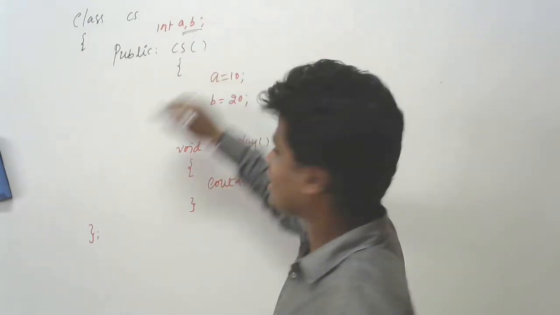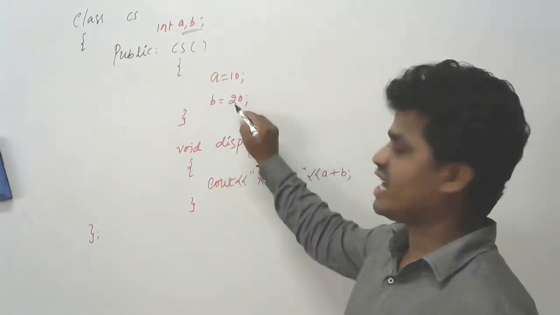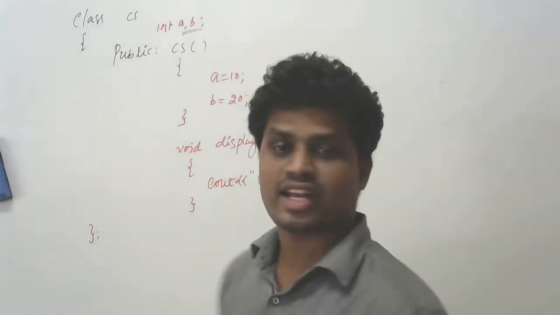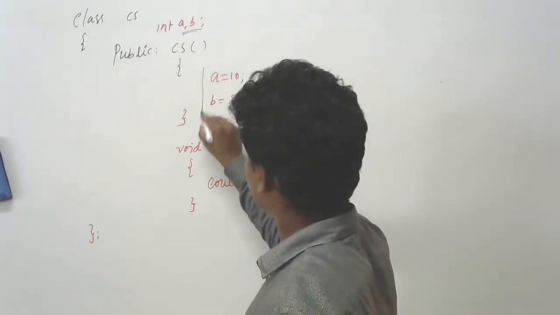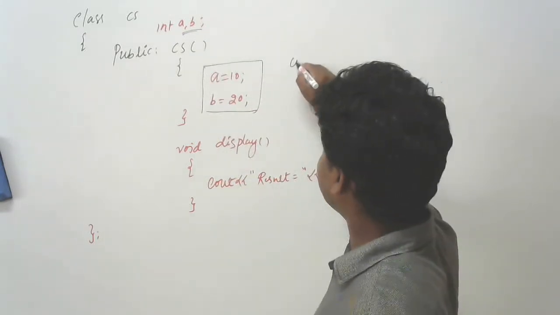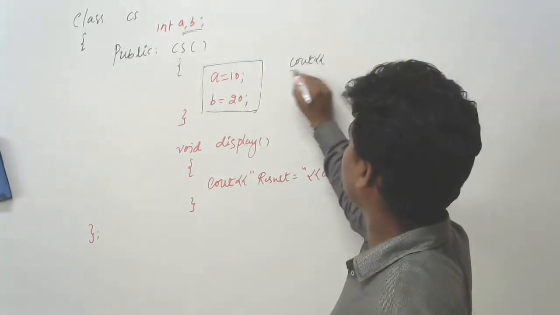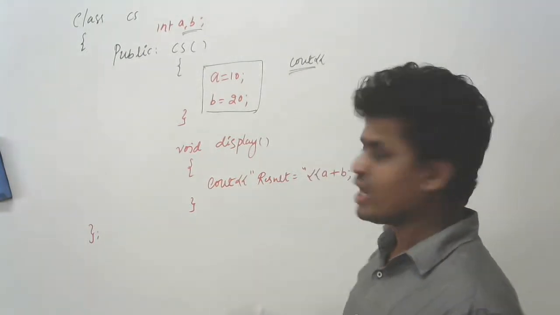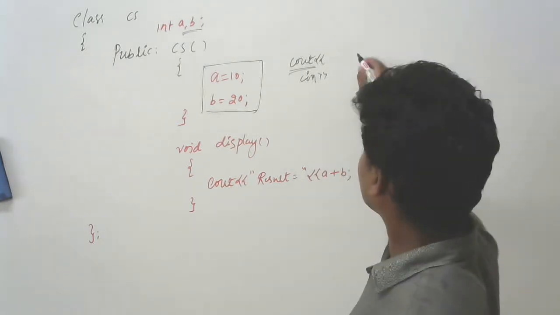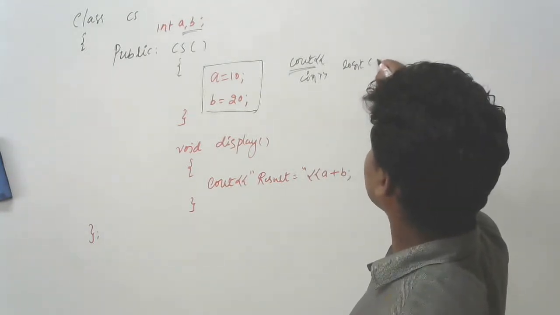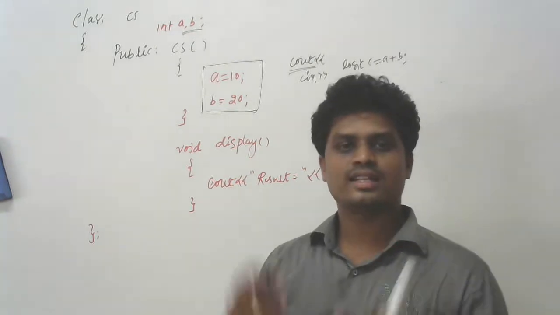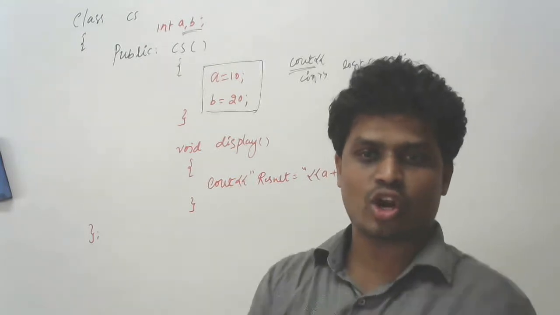Then inside the constructor body what I have made? Initialization. Remember, constructor is only for initialization. Inside this particular body, you cannot do cout operation. You cannot call the cout keyword. You cannot call reading also. You cannot call logical tasks. That means any formula you are not supposed to call, because constructor is only for initialization, not for anything.